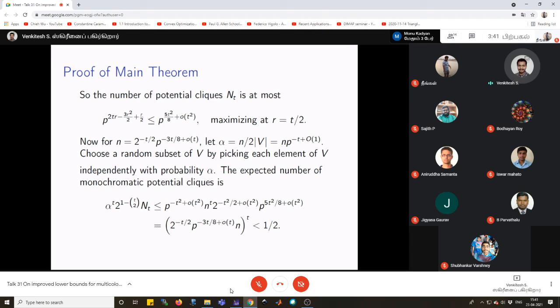It's like a back calculation. So we want this number at the end to be less than a constant that is less than 1. That's what we need, but we just choose it to be half. We need it to be less than half, and therefore we need to choose n to be this particular expression, exactly this particular expression.